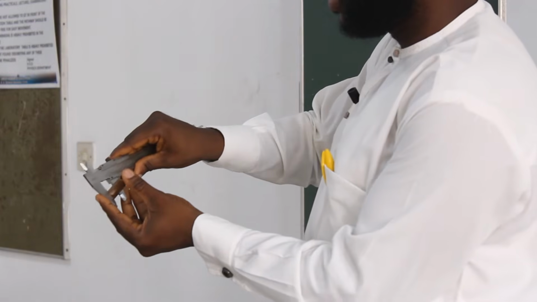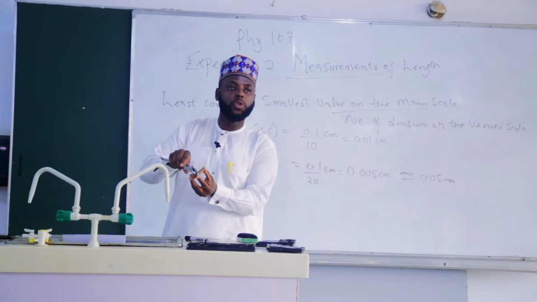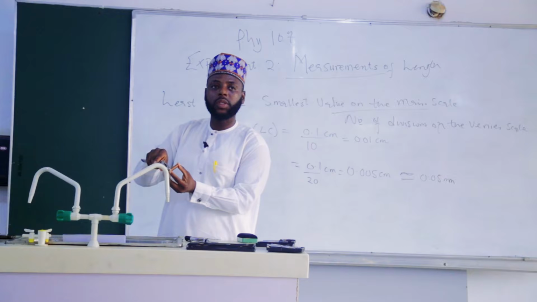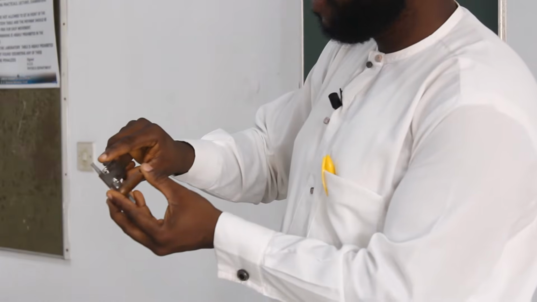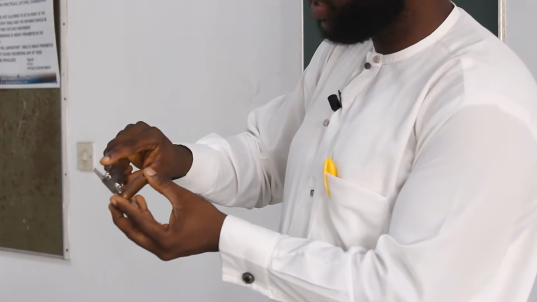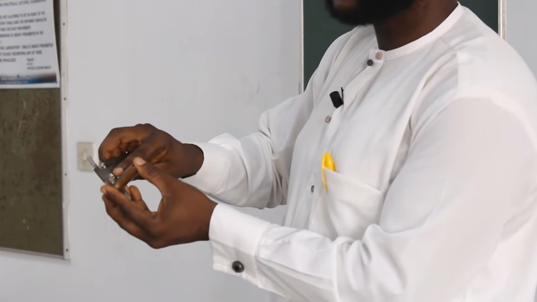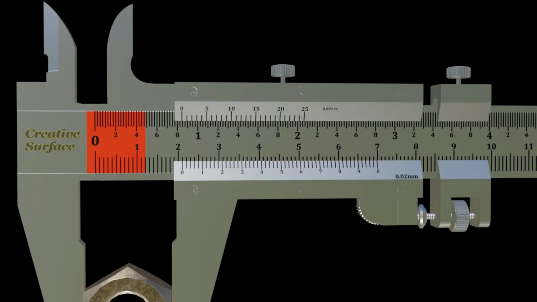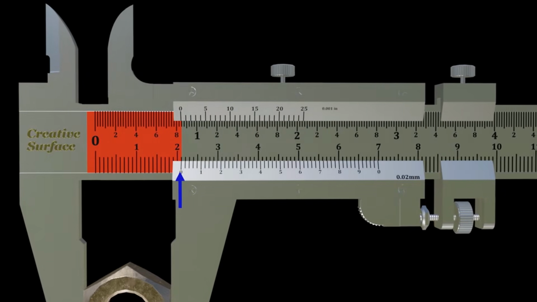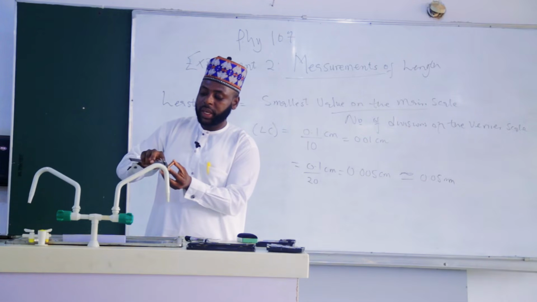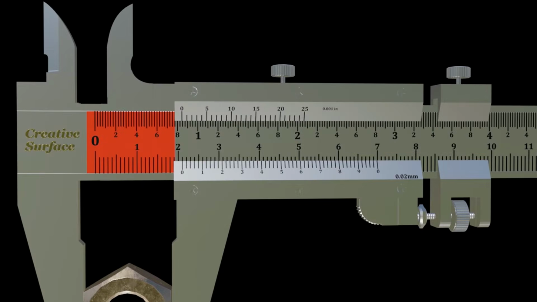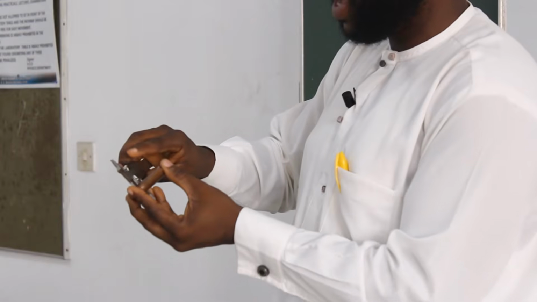Now, once I have this, the first thing I need to do is to note my main scale reading. The main scale reading is obtained by looking at the zero marking of the vernier that aligns with the main scale. Or you take the marking of the zero mark on the vernier scale that aligns on the left side of the main scale.